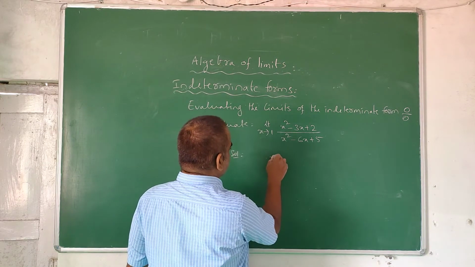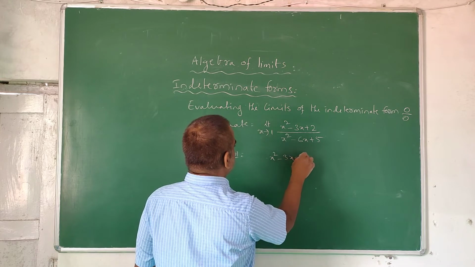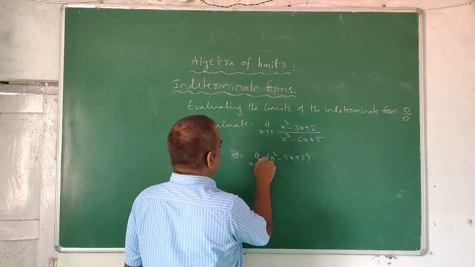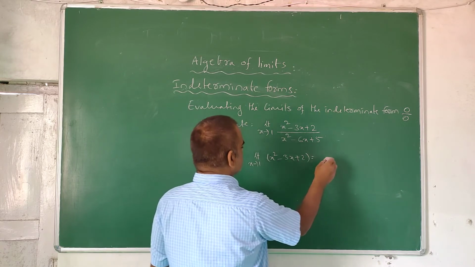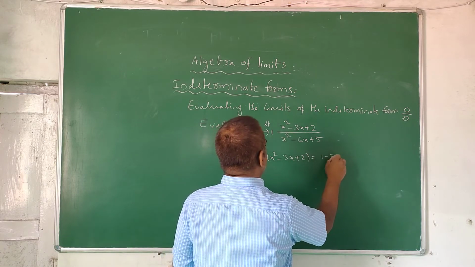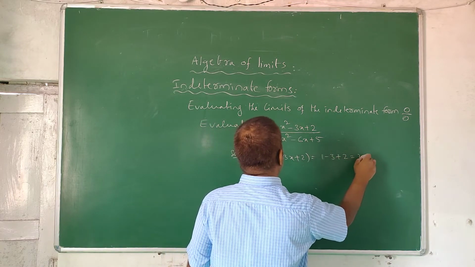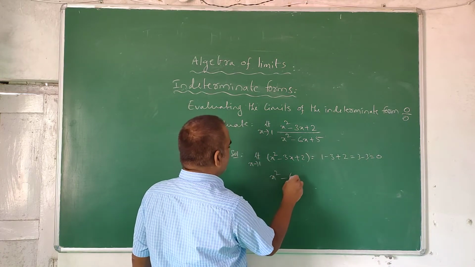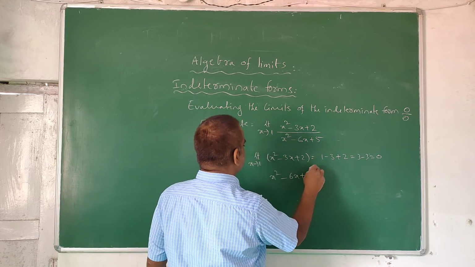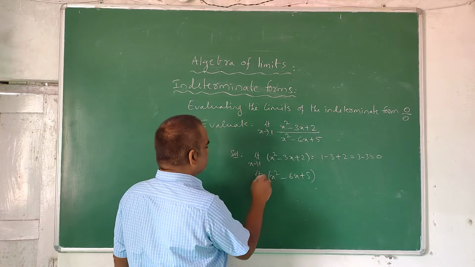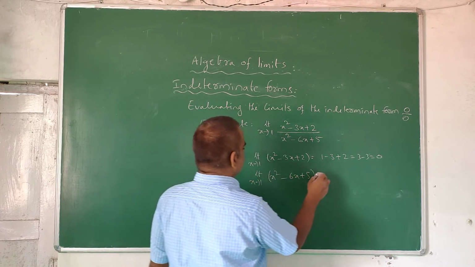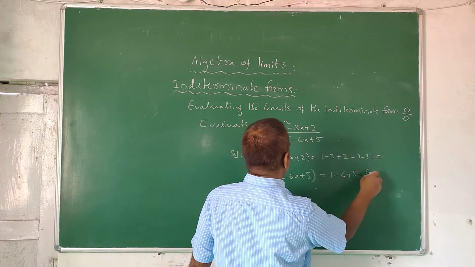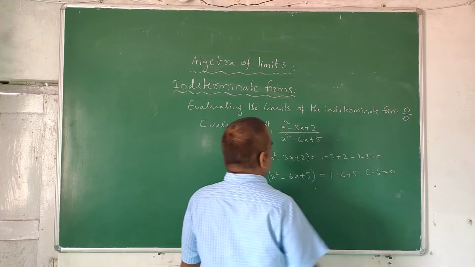So now x square minus 3x plus 2, limit x tends to 1, would be equal to 1 minus 3 plus 2, which is equal to 3 minus 3, which is equal to 0. And if we evaluate x square minus 6x plus 5 as limit x tends to 1, it would be equal to 1 minus 6 plus 5, which is 6 minus 6, equal to 0.